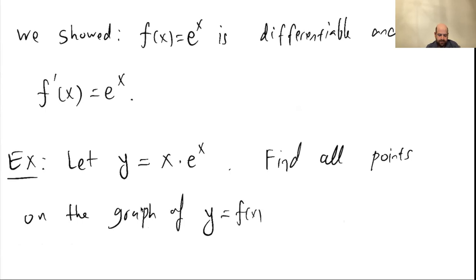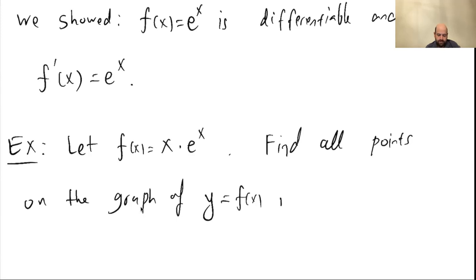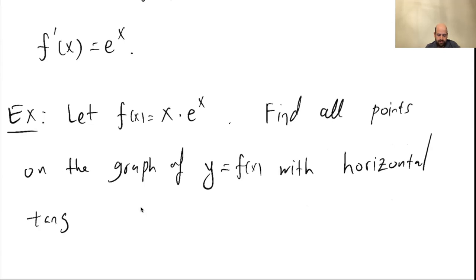So let's say this is f of x. Find all points on the graph of this with horizontal tangent line.